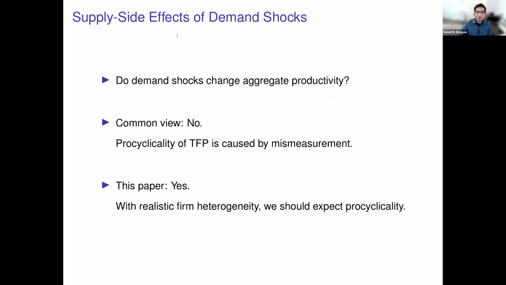So the question that we're asking in this paper is: is there a reason to think that aggregate demand shocks can affect aggregate productivity in an economy? The standard answer is that they do not.